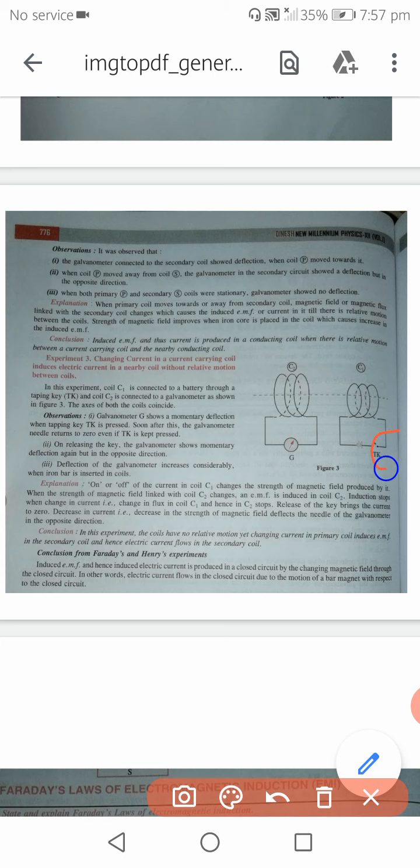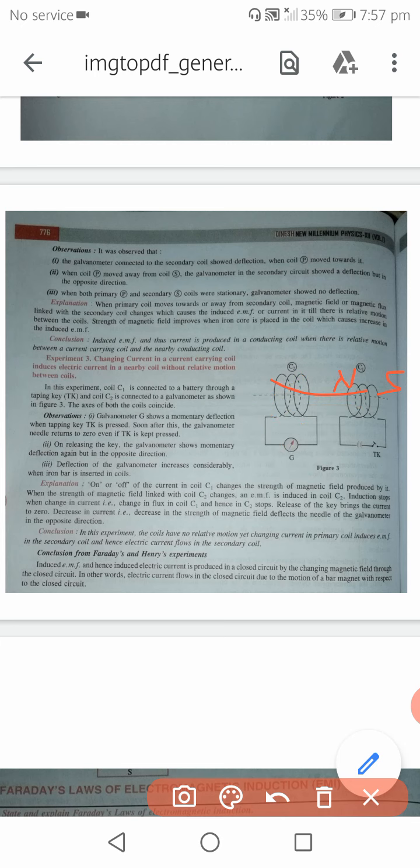As soon as the switch is on, the key is closed, current starts flowing through the solenoid. As a result it becomes a magnet, and suppose this is the north pole and this is the south pole. From this north pole field lines originate and pass through the secondary coil, and the galvanometer shows deflection.